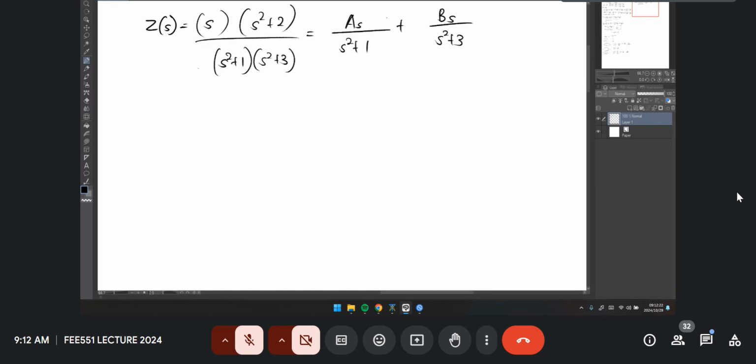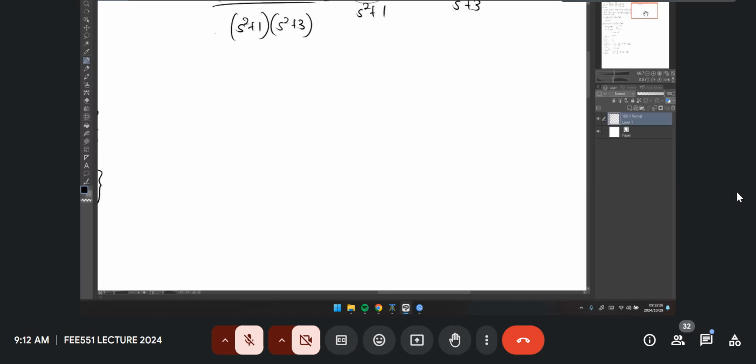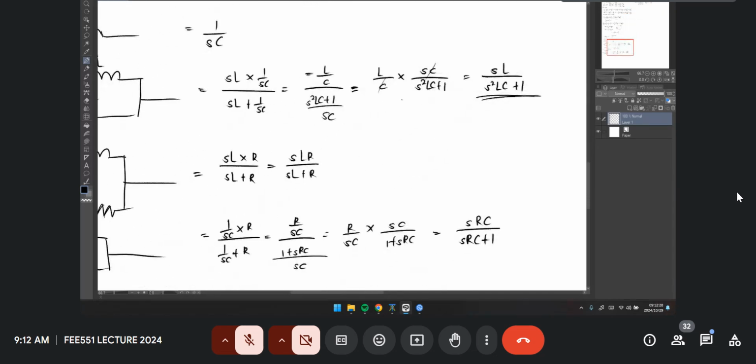Now these are the equations. We will find A and B, and then we will use those to find the corresponding values of LC or LR or RC.